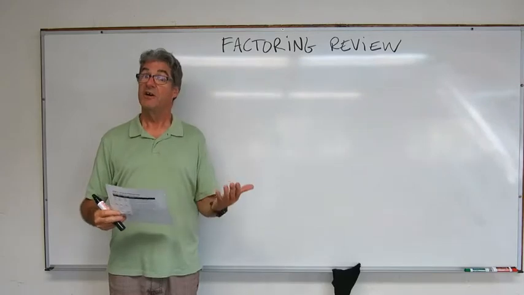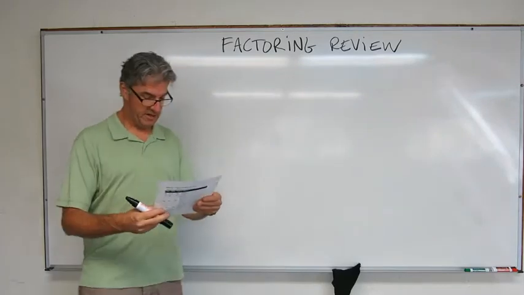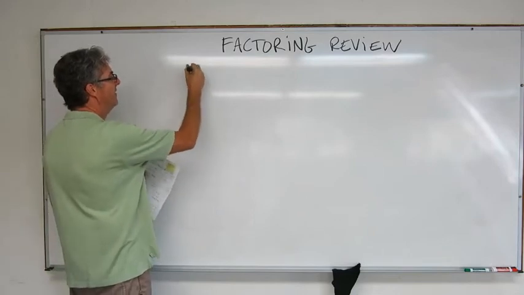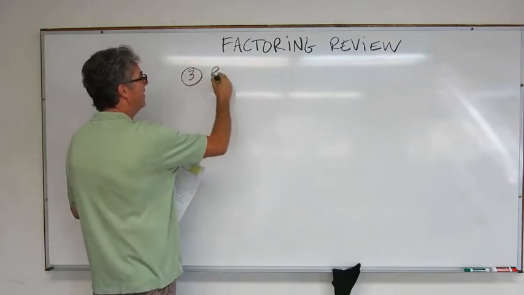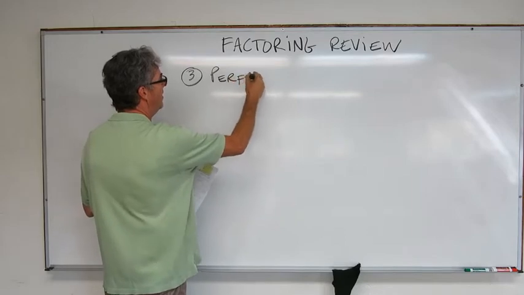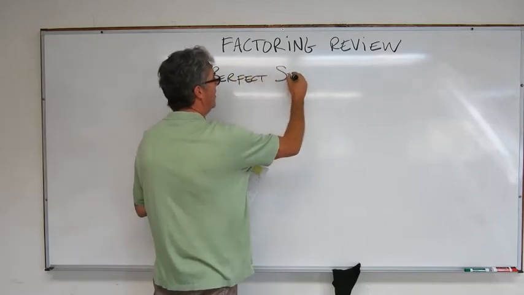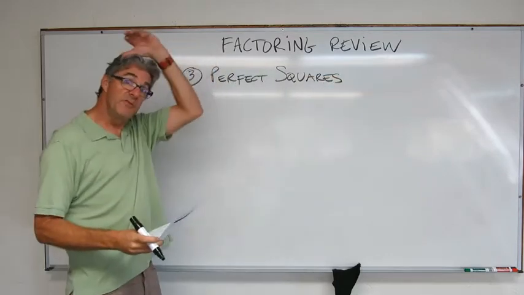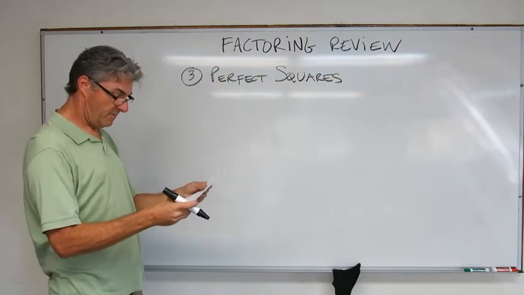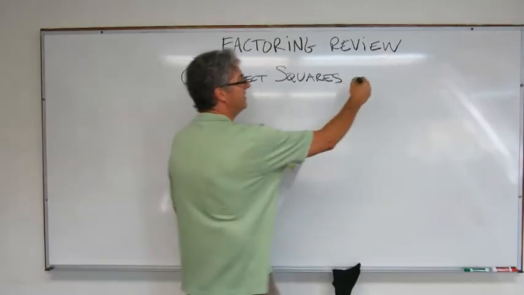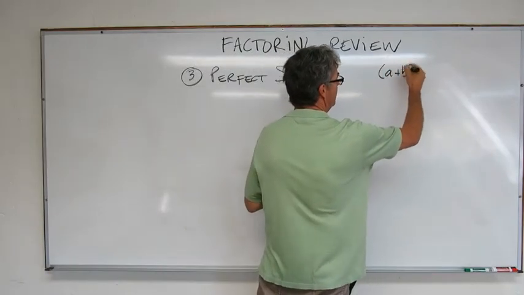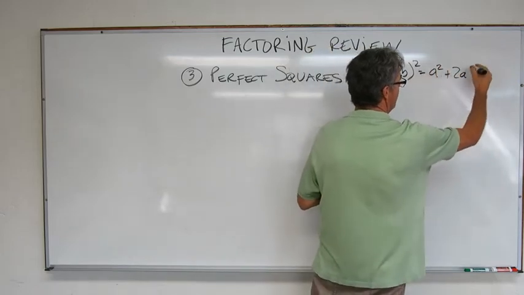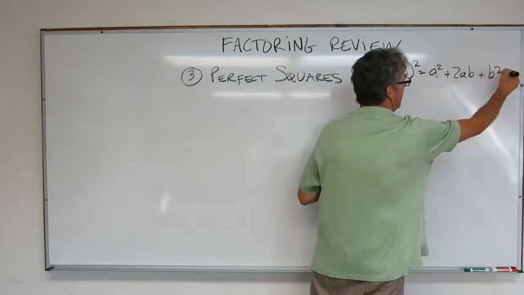Bam. Okay, the third pattern we're going to cover today. It's called perfect squares. So that's 3. And let's review the pattern first, okay? My pattern with perfect squares was a plus b squared equals a squared plus 2ab plus b squared.